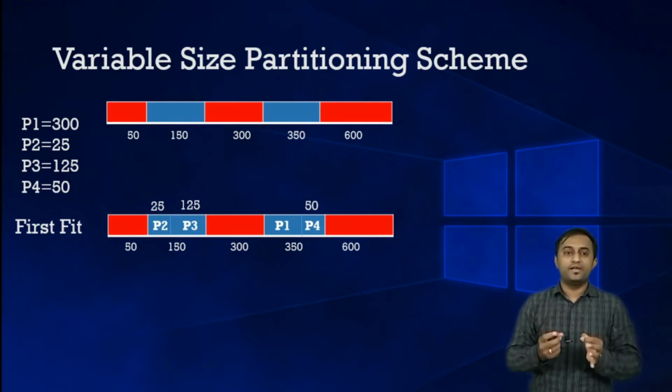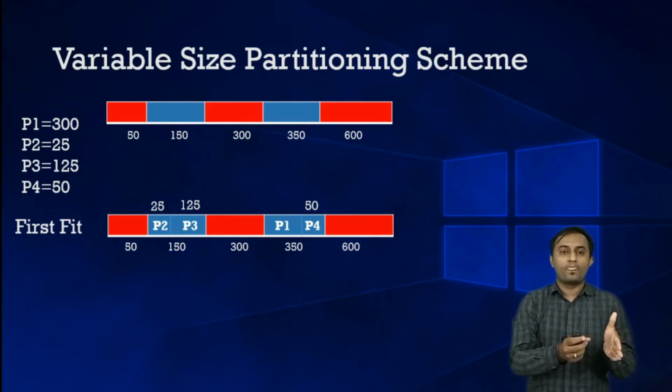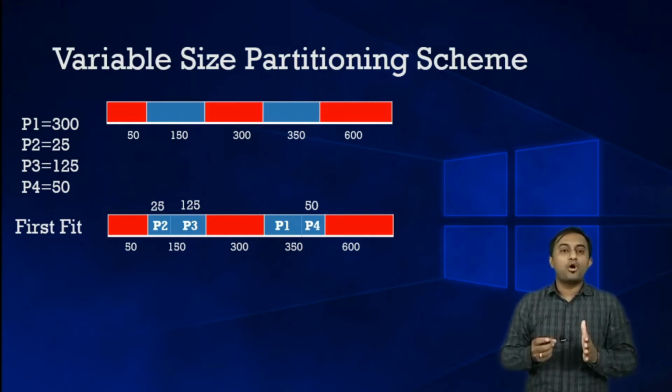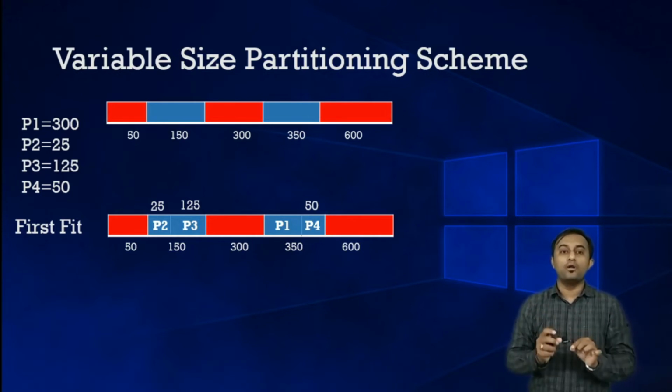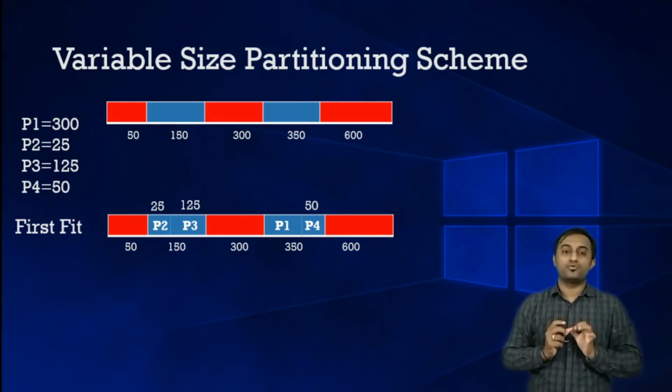The first fit algorithm works in this way: it will simply start scanning from the initial position and go towards the first block which is available and sufficient to hold the requested process. That block would be assigned to that particular process.